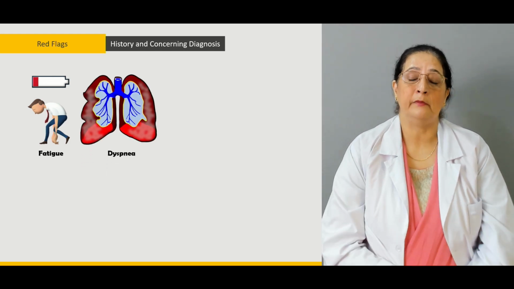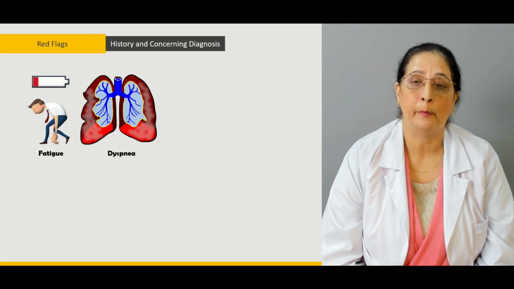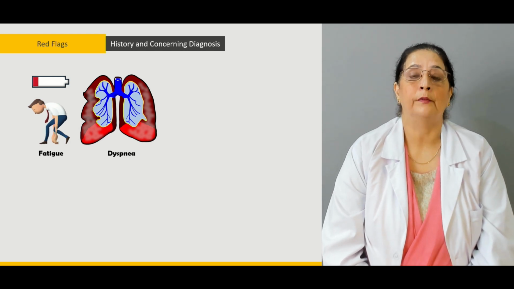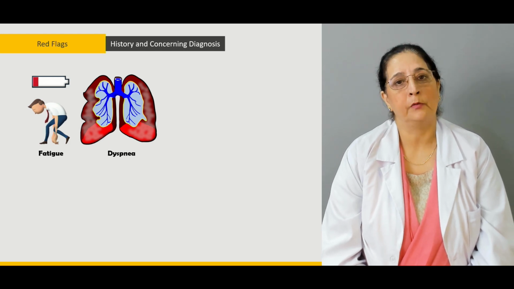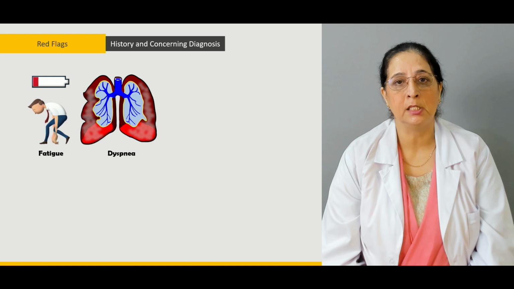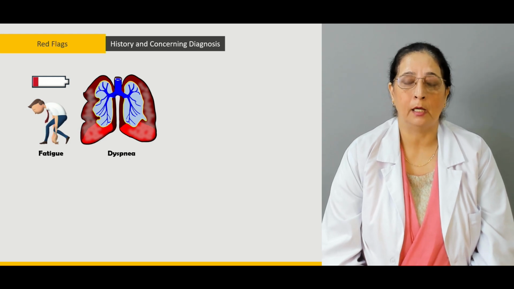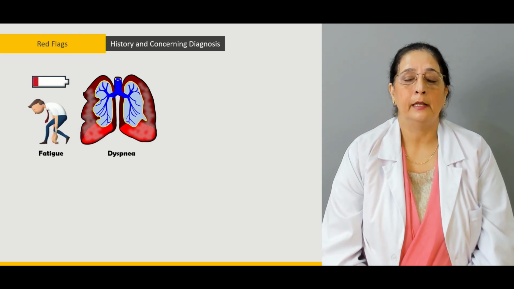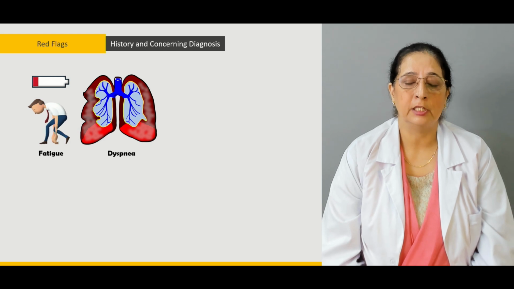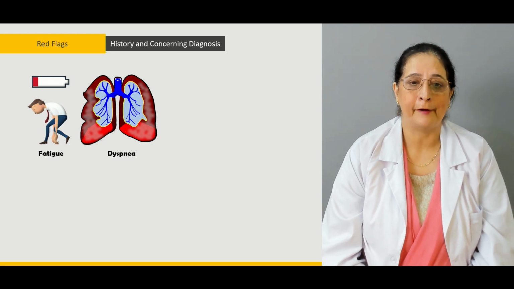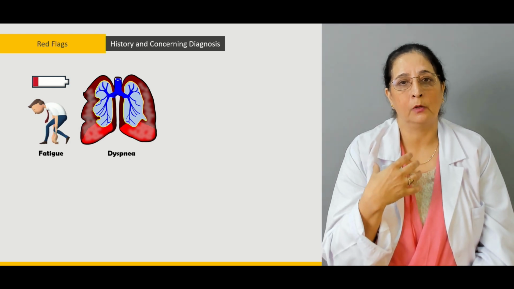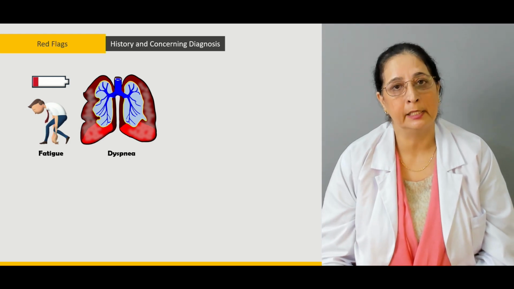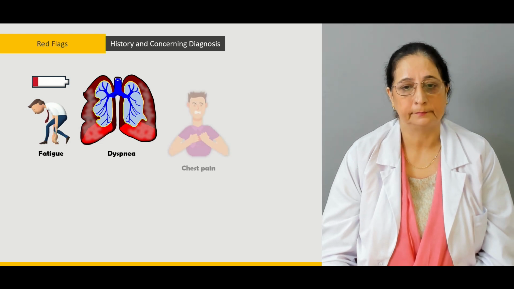Dyspnea, shortness of breath, is again very, very common as a result of acute bleeding. And the reason is simple: because of poor supply of oxygen to the body, there is shortness of breath, and there is air hunger to compensate for that decreased oxygen level.